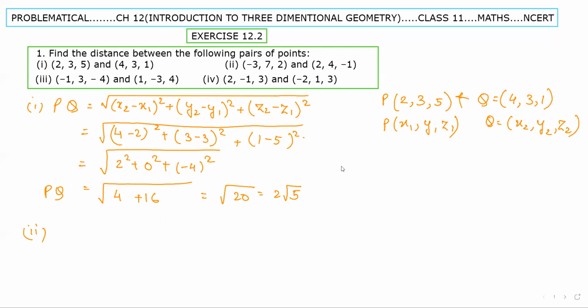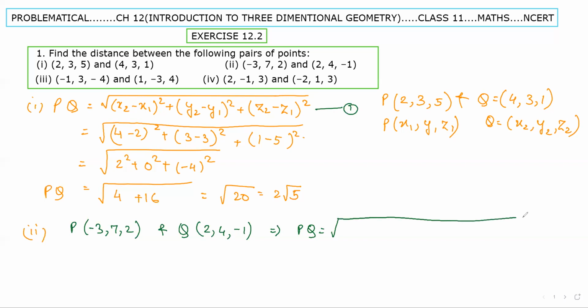You have to find the distance between these. Now your P value is minus 3, 7, 2 and Q value is 2, 4, minus 1. Therefore, PQ will be equivalent to, I'm not writing the formula again, x2 minus x1. I'll directly place the values of x1, x2, y1, y2, and z1, z2 in the formula from equation 1.